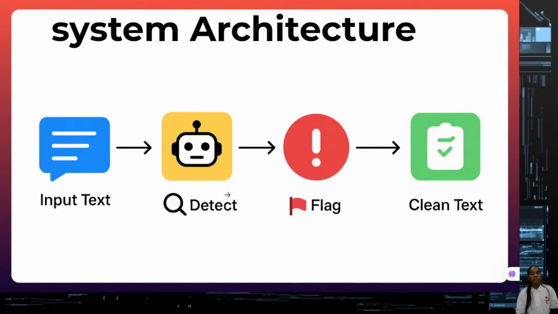Then it can clean the text because of the models you have, the background model interaction. Because of that, it can clean the data, and finally it can reconstruct the original sentence into a clean, clear-cut sentence. That is what we are following in the system architecture. So hope the system architecture is clear.